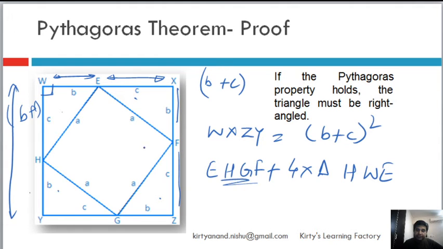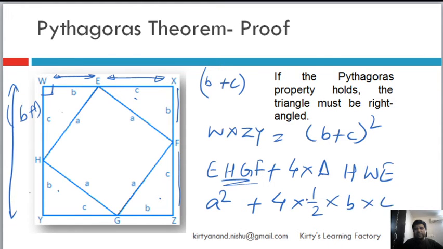So the area of the square, we know this square has side A, so this will be A square. Okay, the area of one of the triangles, it is a right angle triangle, it is half into base into height. So for now just learn this, and very quickly we will learn this. Okay, so it basically is A square plus 2BC. That's the area of the same square.